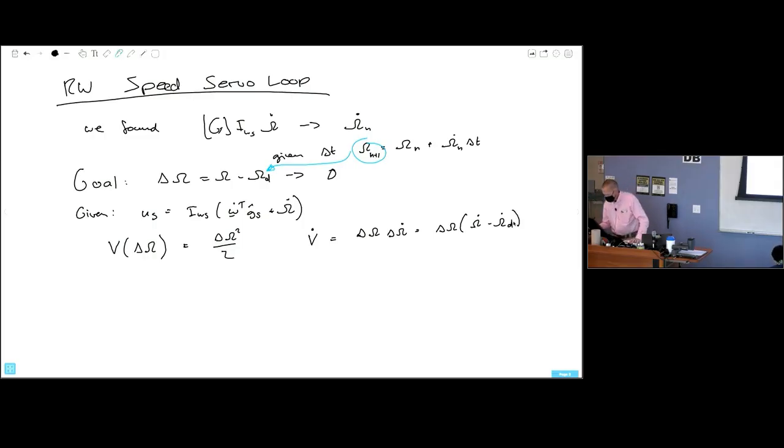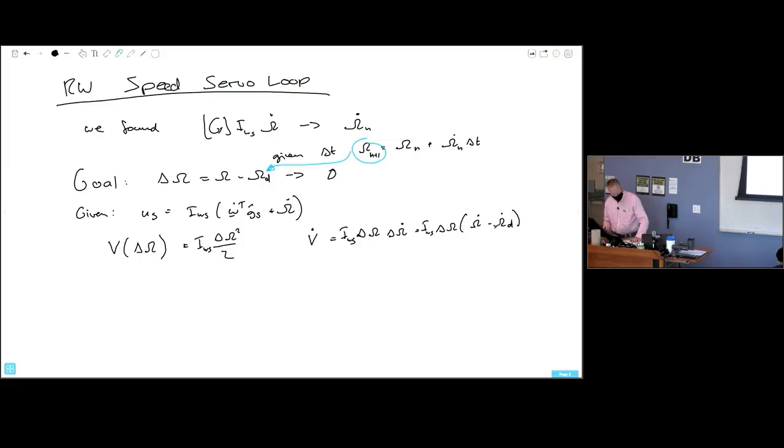Oh, I knew what I was missing. I'm going to throw this constant in there. It'll make my life easier. It's a positive constant, so I can do that. Okay, that's still positive definite. It's like when we had the inertia rate squared, or mass times x dot squared over 2 for kinetic energy. It made the equation of motion stuff easier.